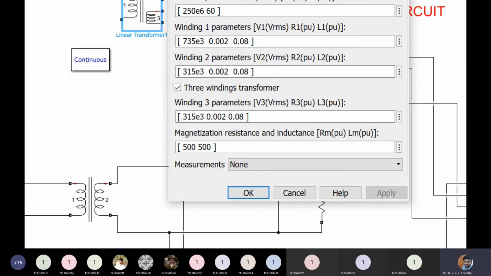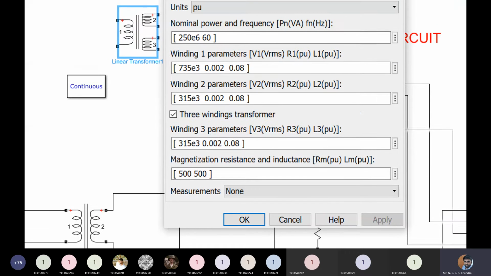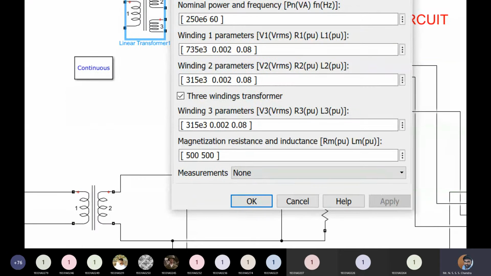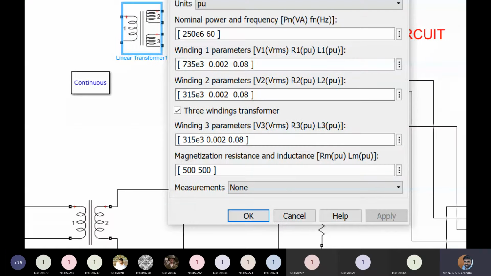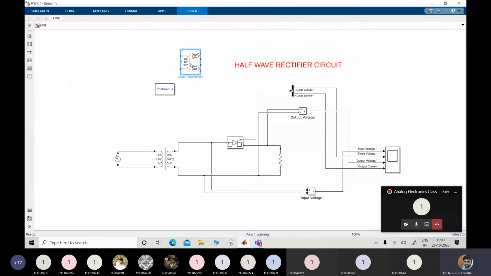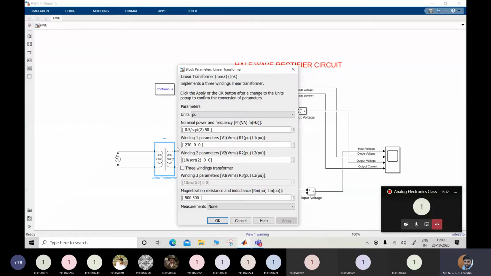Winding 3 is again 315 kilovolt. And some R1, L1, R2, L2 parameters are given. These are the parameters of the windings of the transformer. You may learn about them in the machines topic. And we have magnetizing resistance also. Now, I'm going to change some of these values. That's why I wanted to show them first. So these are the default values. Now I'll be deleting this. I'll show what values I have used.